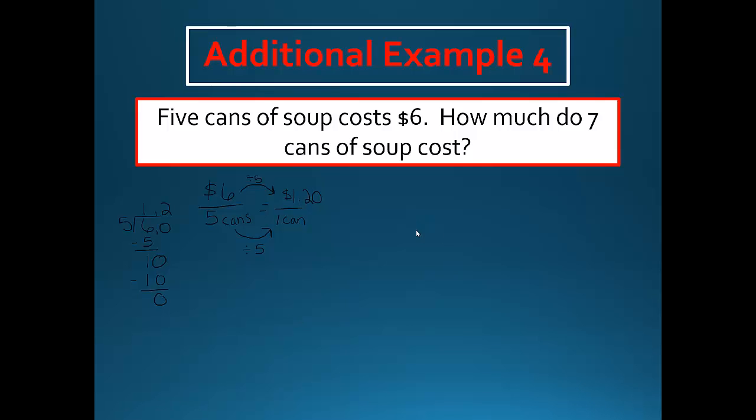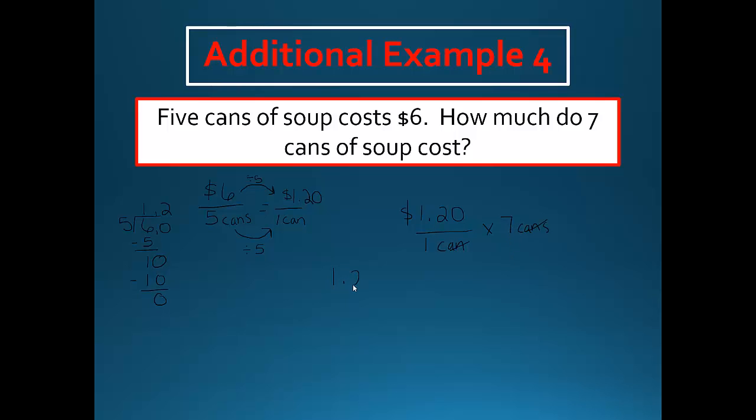So if it's $1.20 per can, and we want to know how much it costs for 7 cans, we can multiply by 7. Our labels will cancel, cans will cancel out, and then we're going to multiply $1.20 times 7.